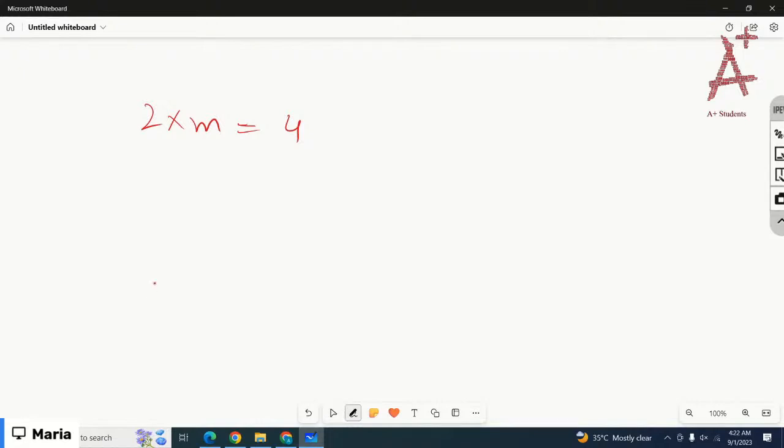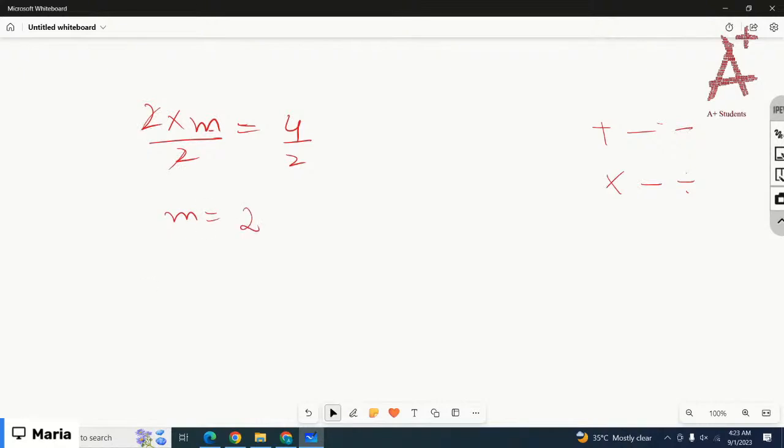So multiplication and division are opposite to each other, right? So 2 is multiplying m, so opposite to multiplication is division. You have to divide both sides by 2. Just divide, you are left with m equals 4 divided by 2, which is 2.